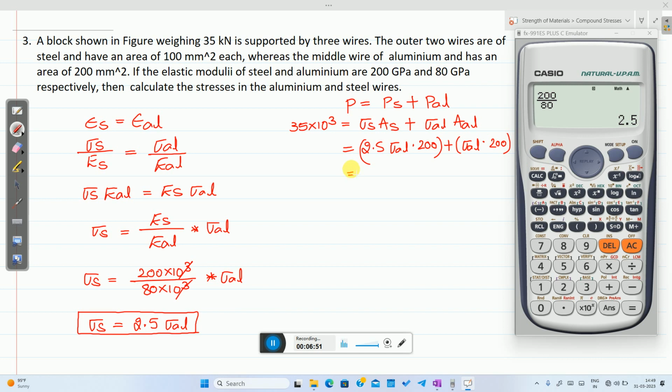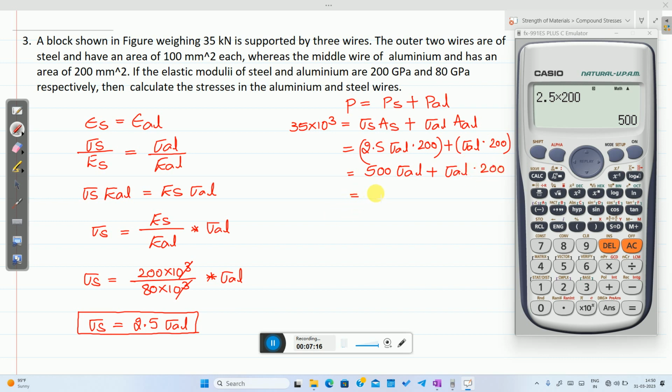So let me simplify this. First 2.5 into 200, so it will be 500 into sigma AL. So 500 into sigma AL plus sigma AL into 200.